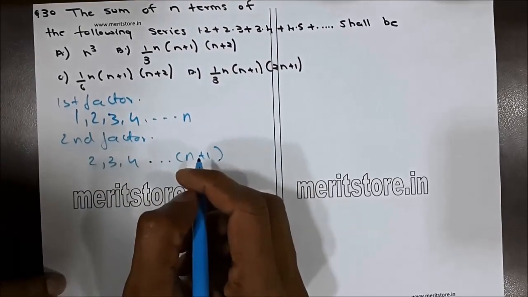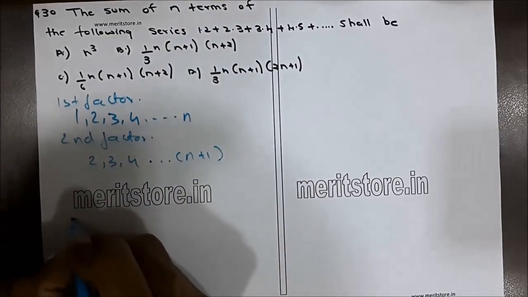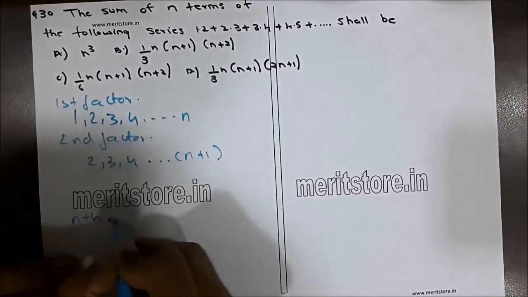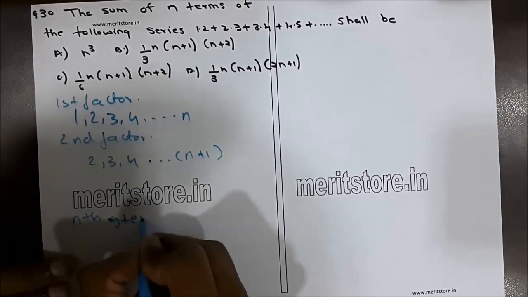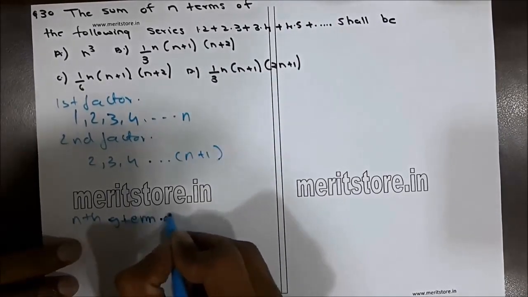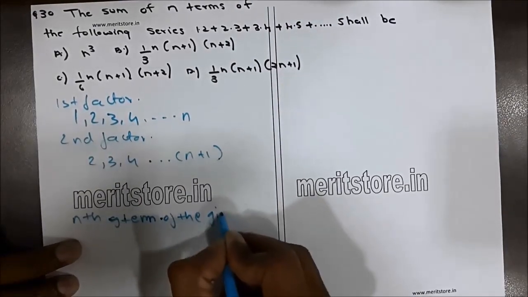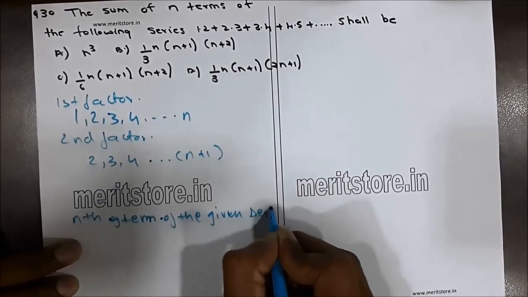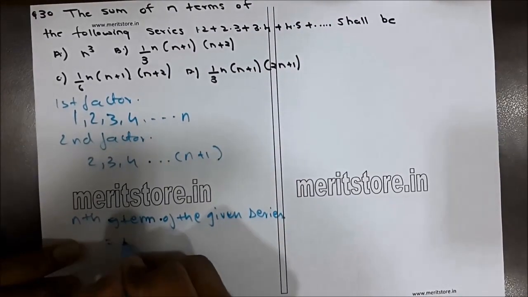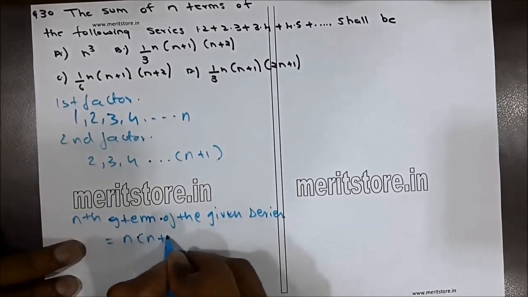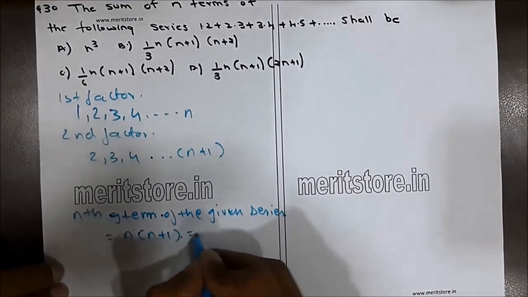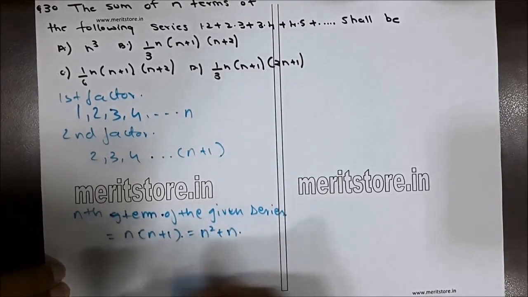So the nth term of the given series can be written as n into (n plus 1), equal to n square plus n.